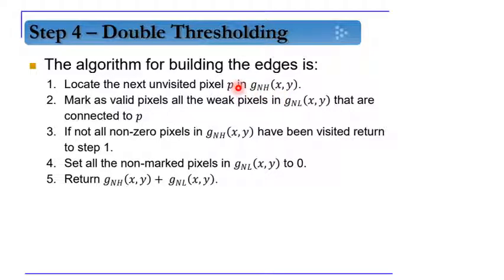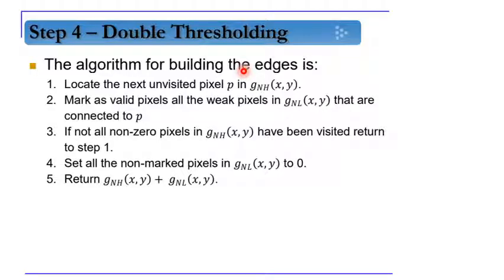Applying that connectivity, we find pixels in gNL(x,y) which are connected to pixel P in gNH(x,y). If those pixels are connected, they will be edge pixels, and those which are not connected are not edge pixels. It is as simple as that.